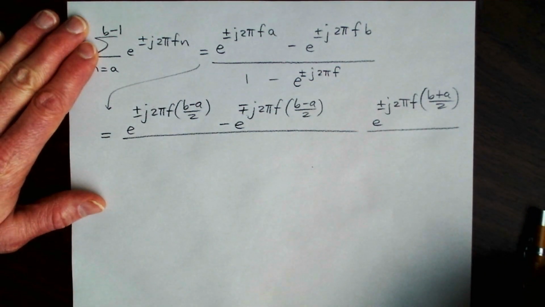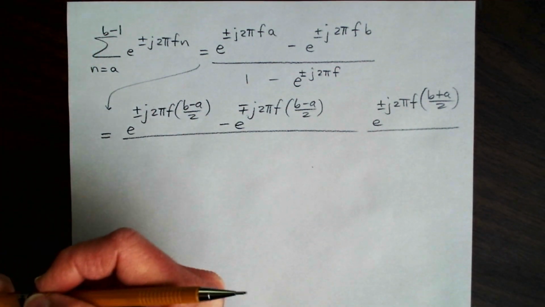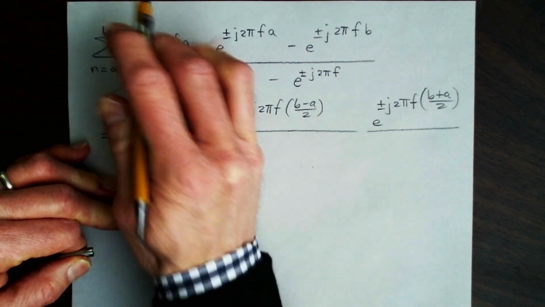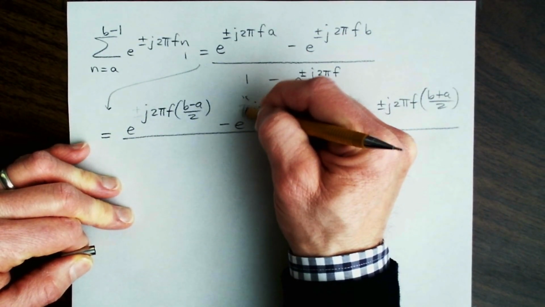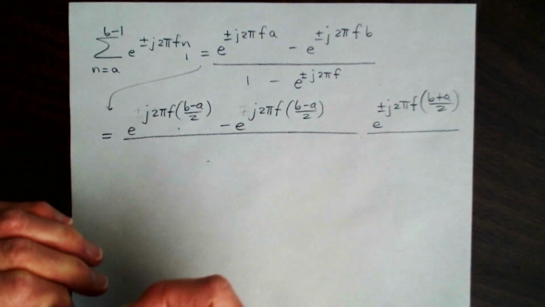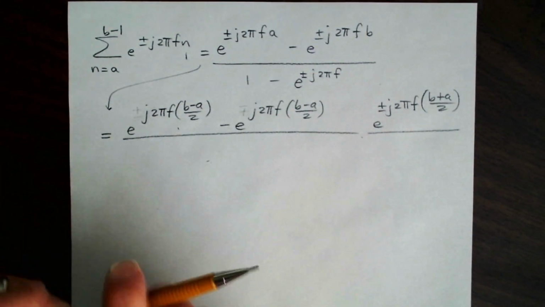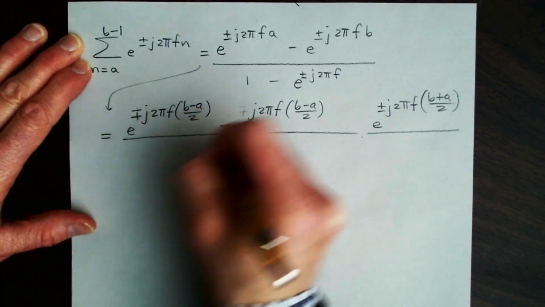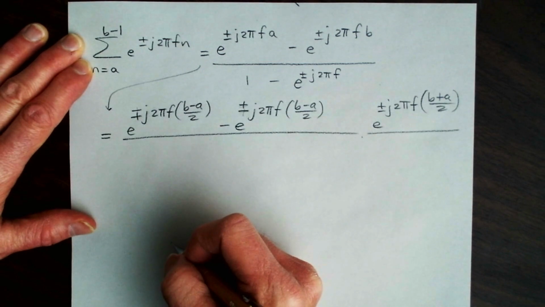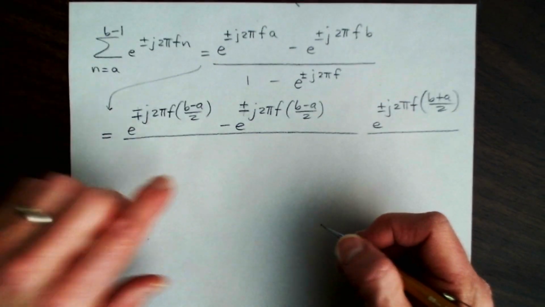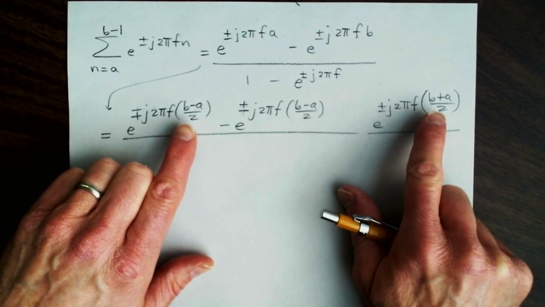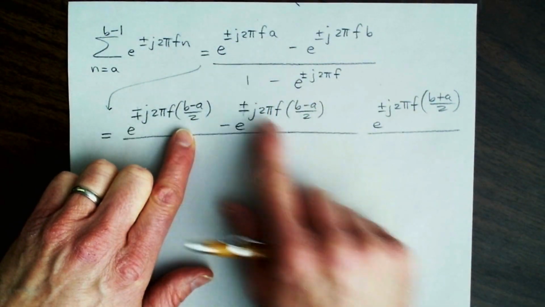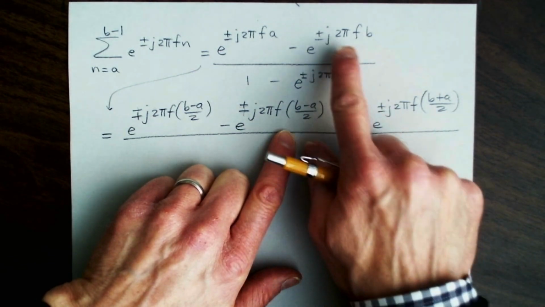I think I need to rewrite this as minus or plus on the first term and plus or minus on the second term. Now if you go through and multiply, this product will recover the first term, this product will recover the second term.